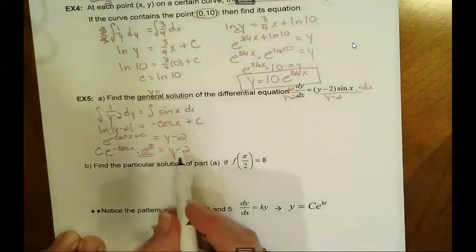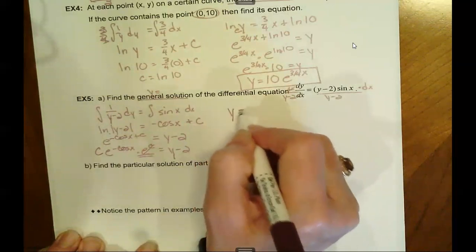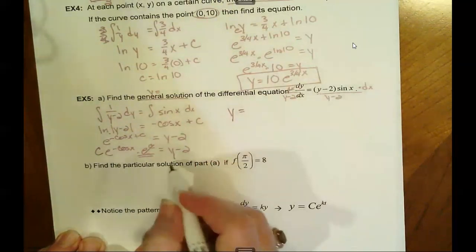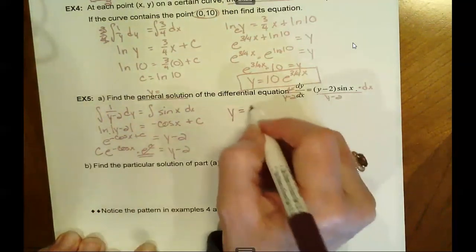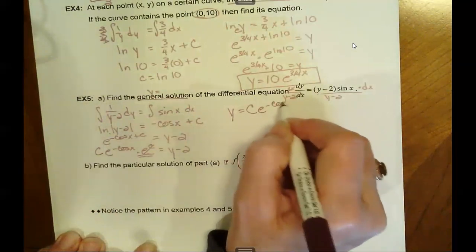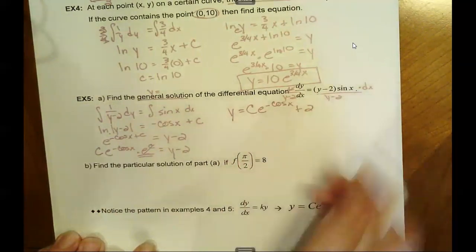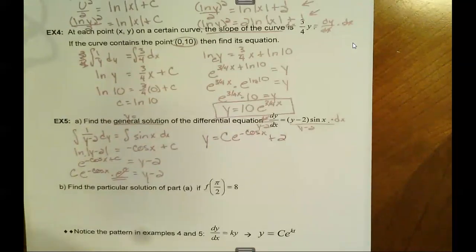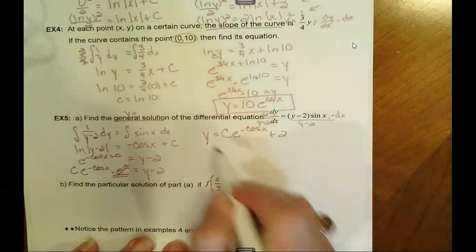Then I'm going to solve that for y. So y equals, if I add the 2 over there, c e to the negative cosine x plus 2. All right, so this would be my general solution.